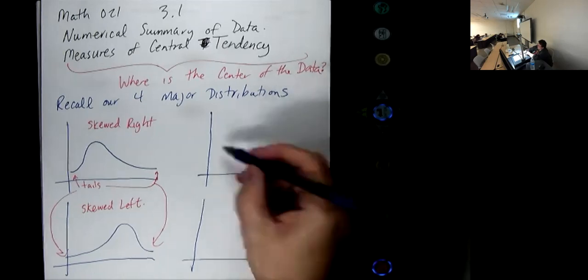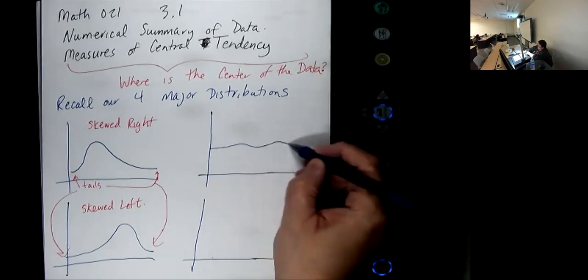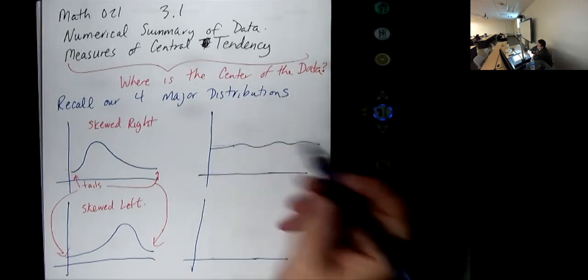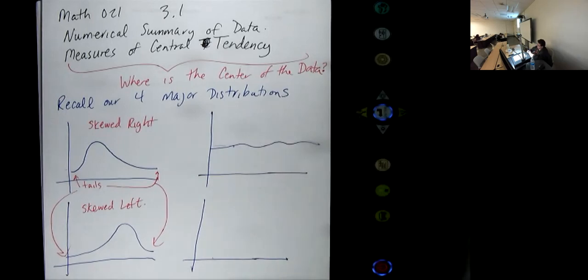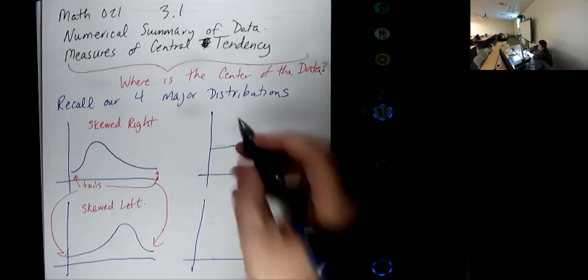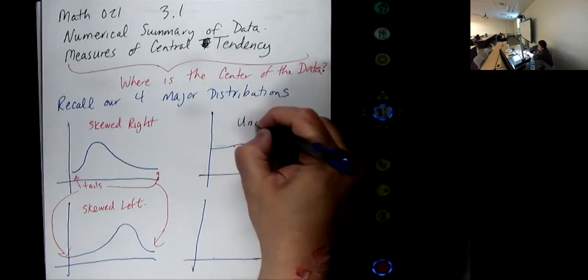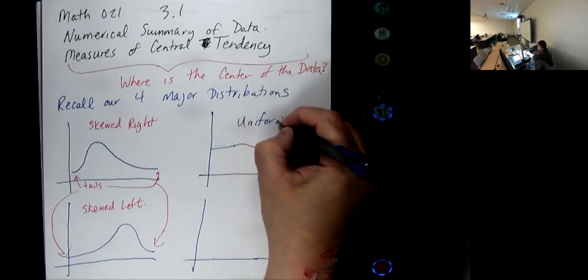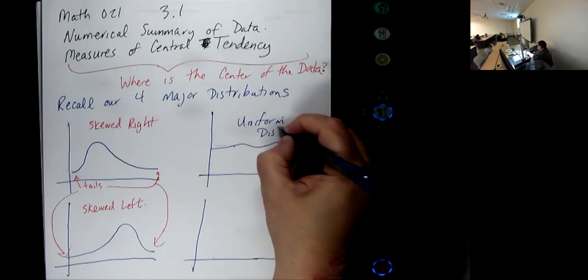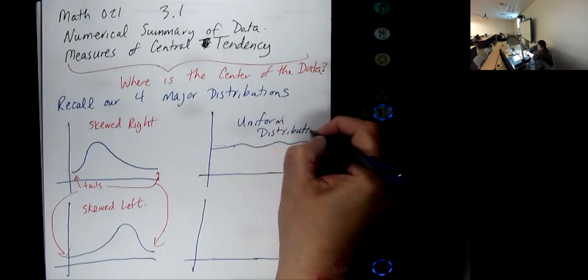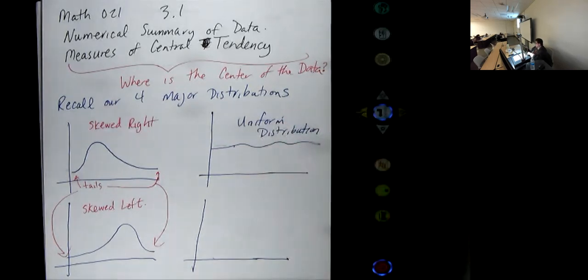Then we had one that's kind of flat, might be little ripples in it. Some areas might be taller than the rest, but not by a lot. This was called the uniform distribution. Everything's just about the same. You look at it, you go, meh.